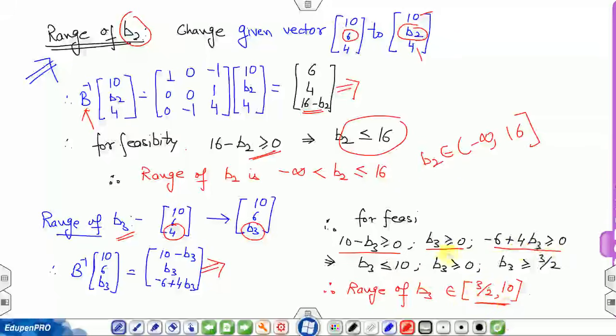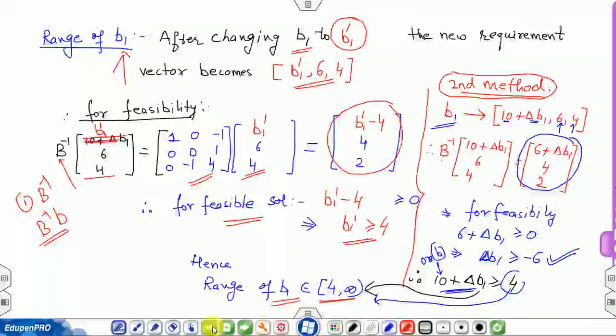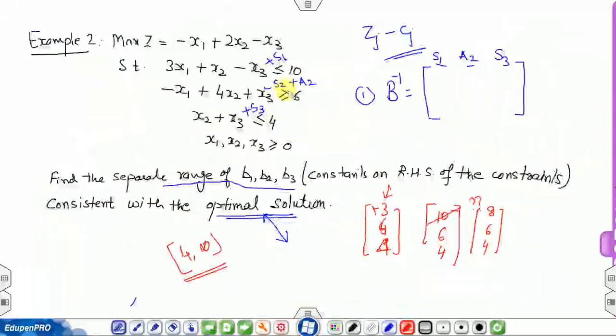Definitely a question may arise for a few students: why is b2 from minus infinity to 16? It means it can be minus 7, but we know that when the right hand side is less than 0, like minus 3, minus 4, then it becomes infeasible. But we are talking about feasibility here. The reason is, if you take minus 3, minus 4 or any number from minus infinity to 0, look at the constraint on b2. It has a greater than sign.